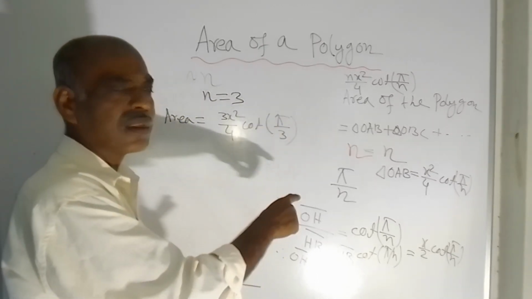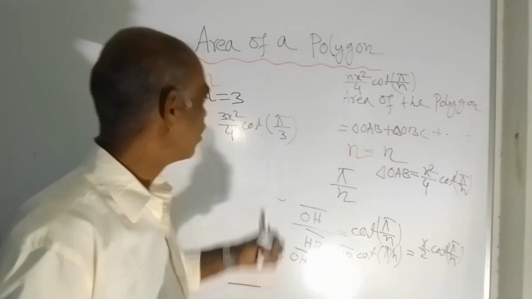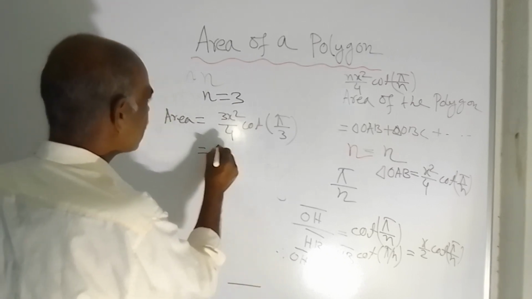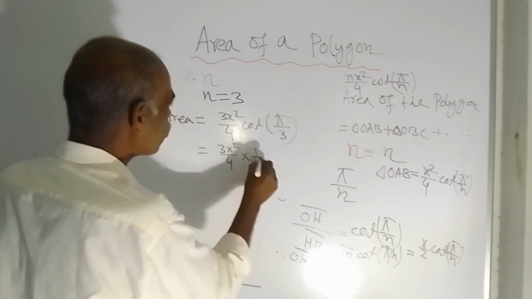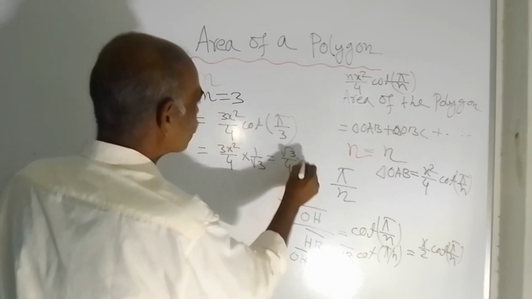Pi is 180 degrees, so pi by 3 is 60 degrees. Tan 60 is root 3, so cot 60 is 1 by root 3. So this becomes 3x square by 4 into 1 by root 3, which is root 3 by 4 into x square.